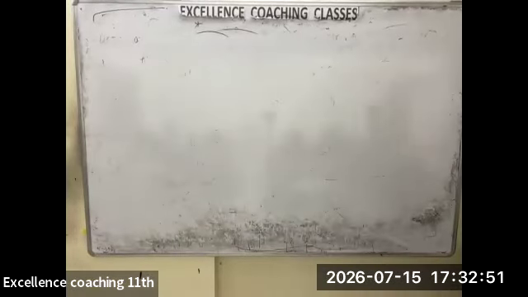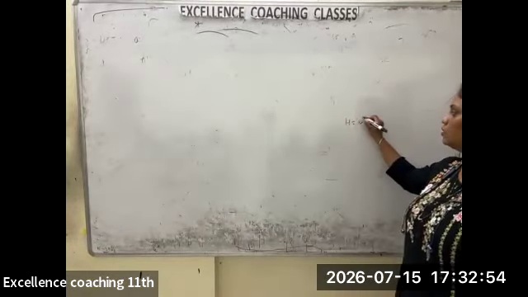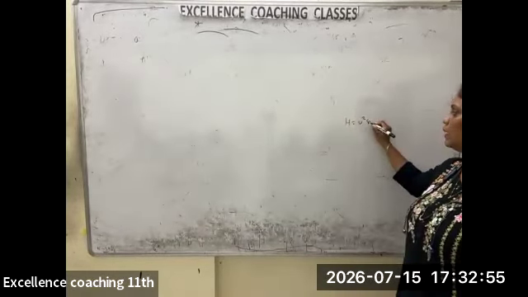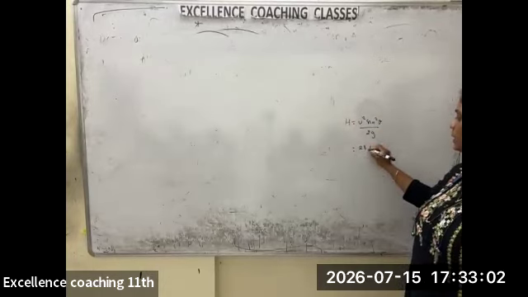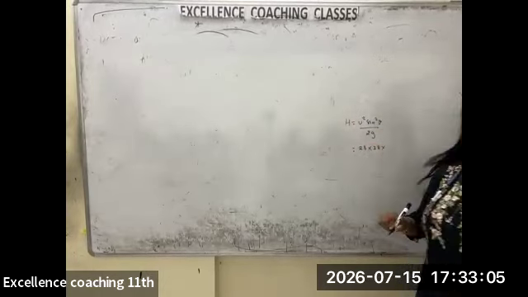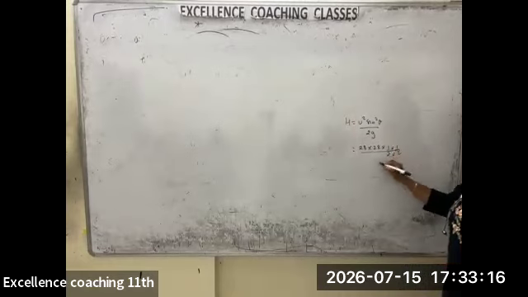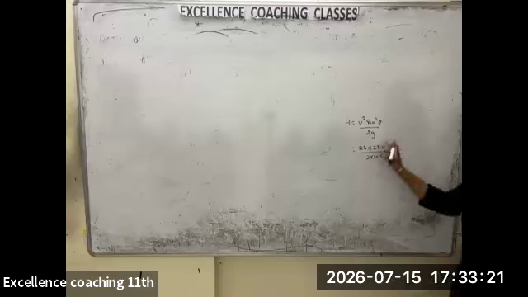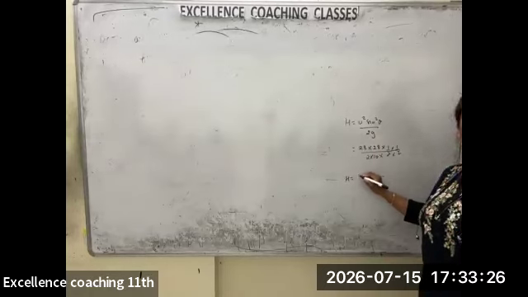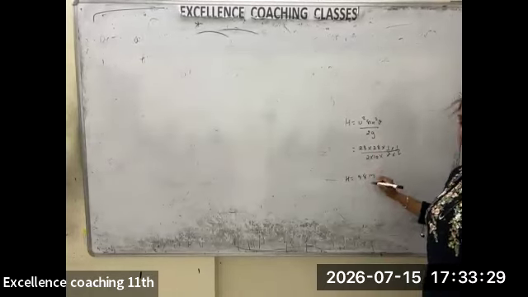So what is the maximum height formula? H is equal to U square sin square theta upon 2G. So U is 28, no? 28 into 28 into sin 30 is half, so half into half, upon 2 into 10. 2G, no? 2 into 10. What answer did you get? 9.8 meter.